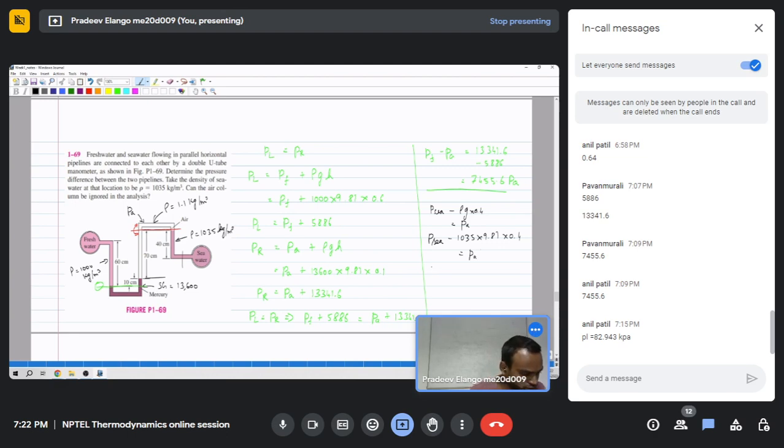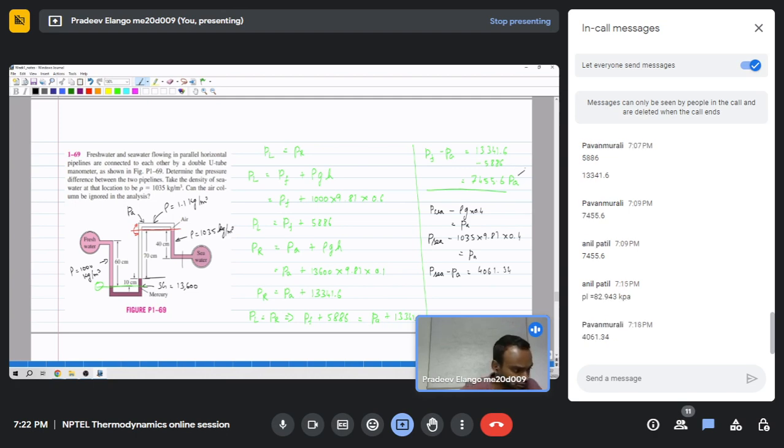Now PC minus PA is equal to this value, 1035 into 9.81 into 0.4, which is 4061.3.